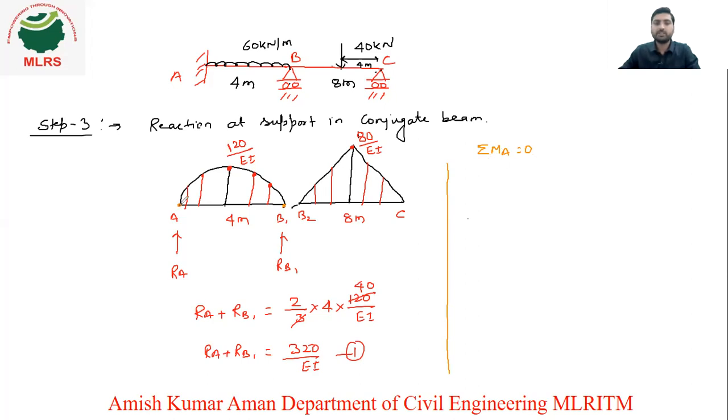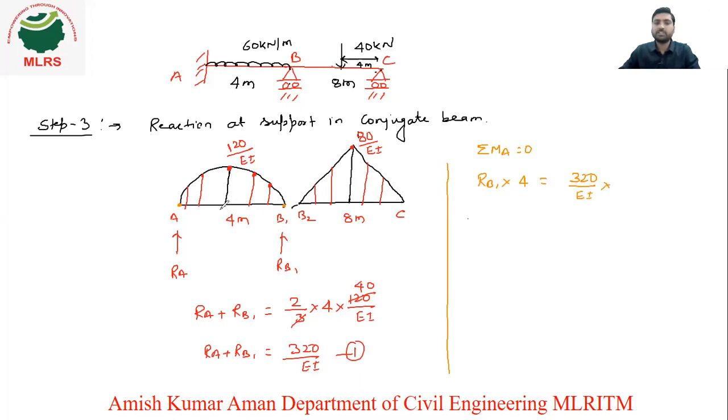If we take moments at A, Rb1 into distance 4 will be equal to the total load into distance 2. The total load is 320 upon EI into the distance, because this load will act at the center.